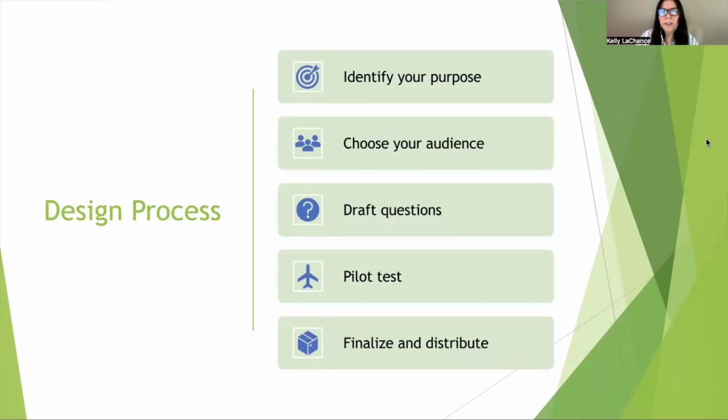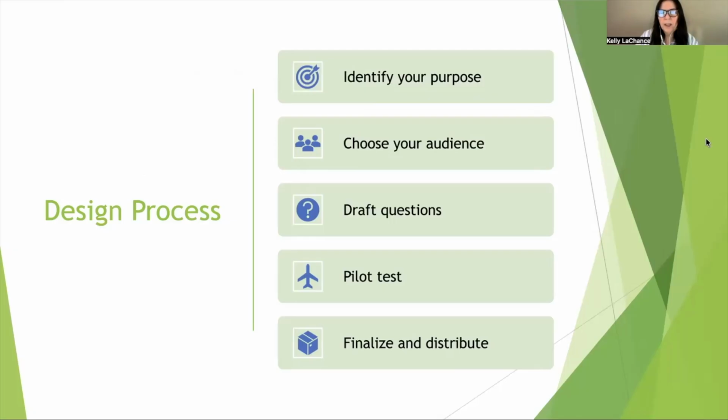And then from there, you will draft your questions. It's a recommendation that in the process of drafting your questions, you include other folks that could help you draft those questions, especially if there's a variety of information that you need to gather. That is a good strategy to use.